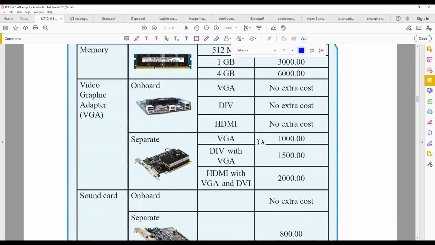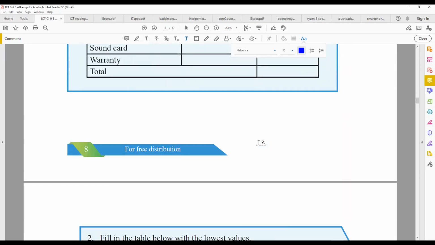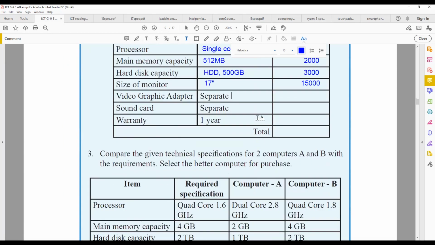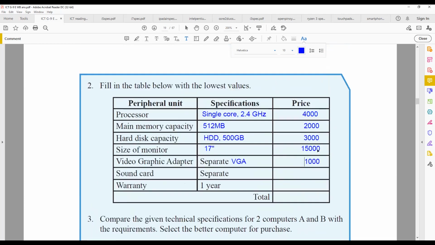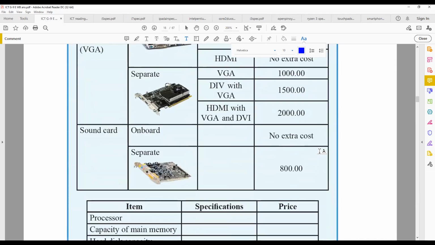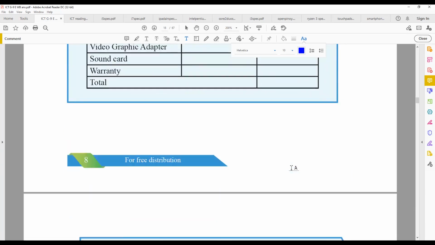Yes, video graphics adapter. We have separate VGA. 1,000 rupees. Sound card, again we need separate. It's 800.